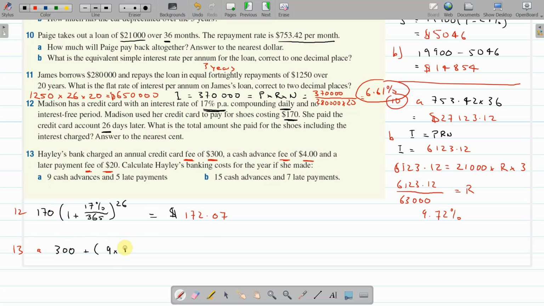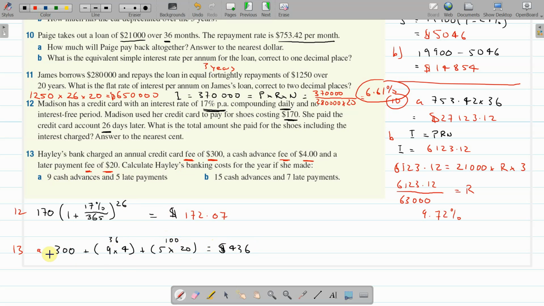So 9 times $4, and we've got to add to that 5 late payments, and late payments are 20. Well, that's 36, and that's 100. So that's 436.